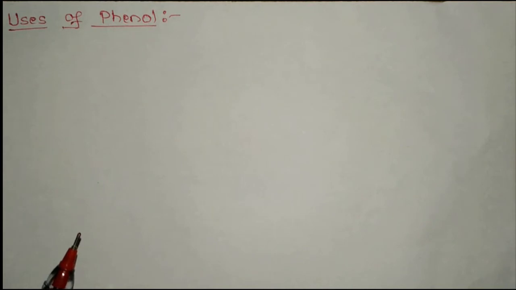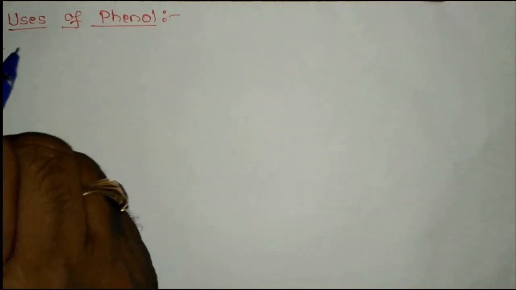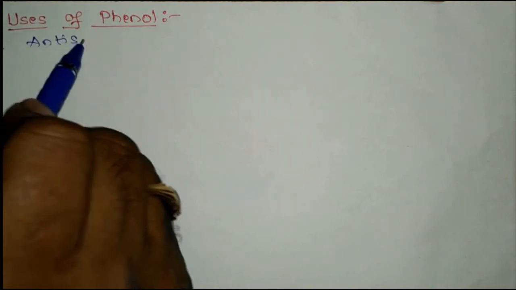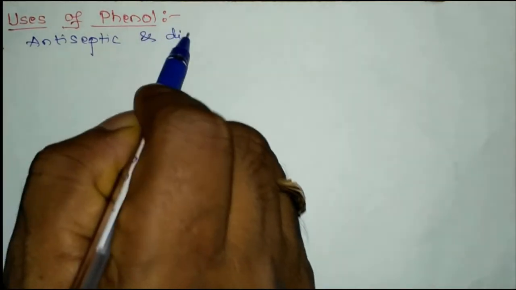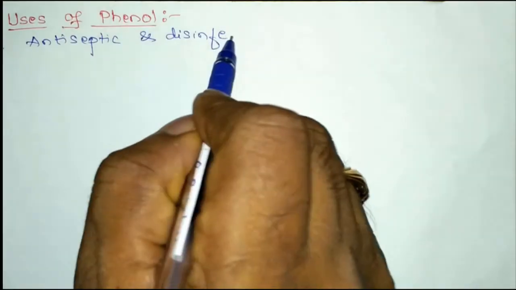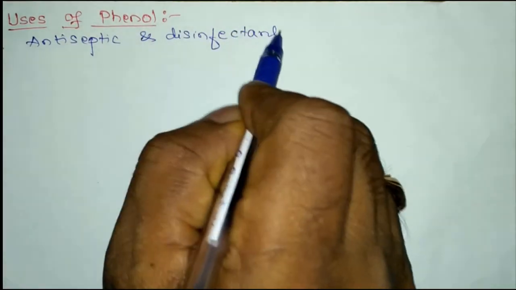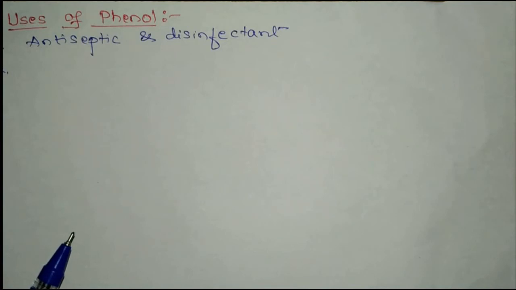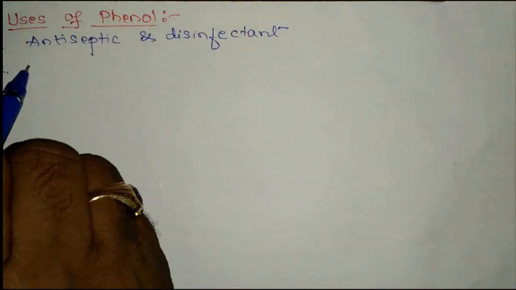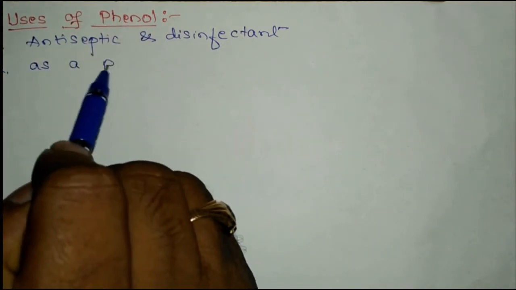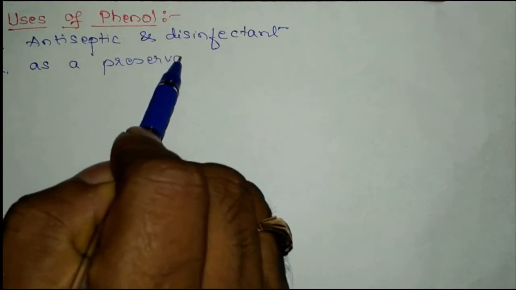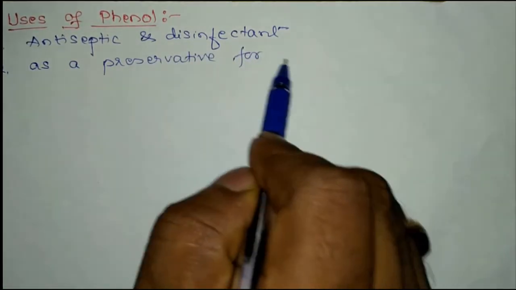Now we'll discuss some uses of phenol. First, it is used as an antiseptic and disinfectant. Number 2, it is used as a preservative for ink.